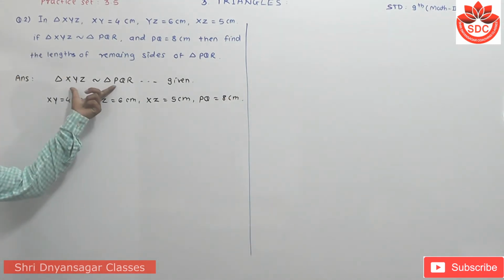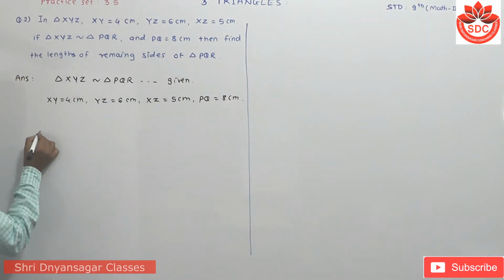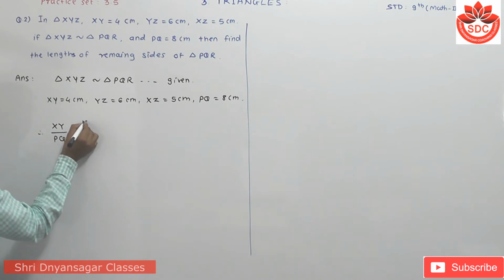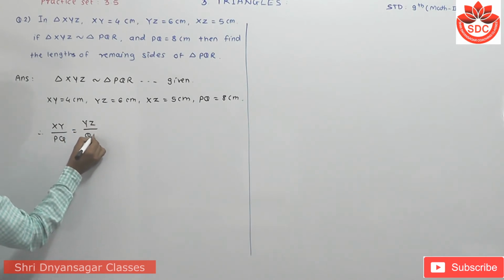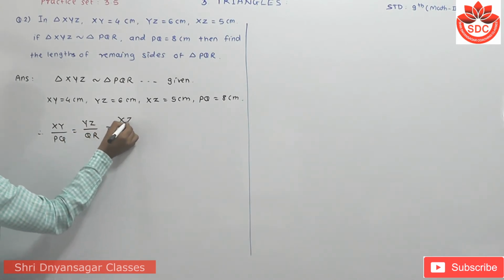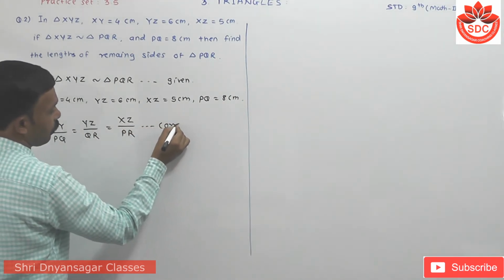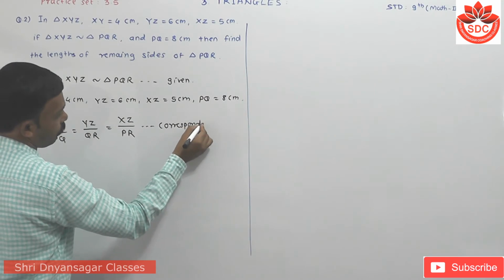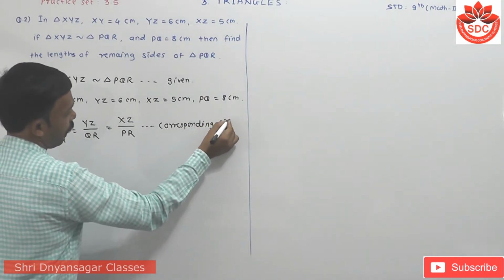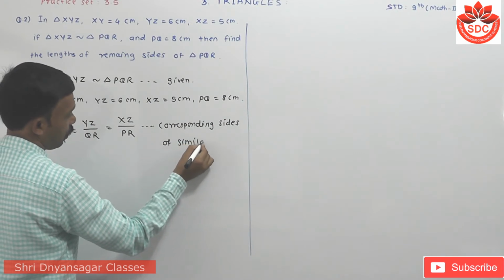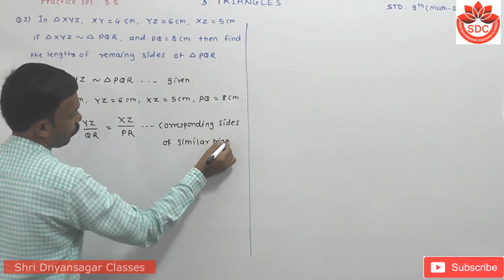Now student, if these two triangles are similar, then their corresponding sides are in proportion. Therefore, XY upon PQ equals YZ upon QR equals XZ upon PR. The reason is corresponding sides of similar triangles.